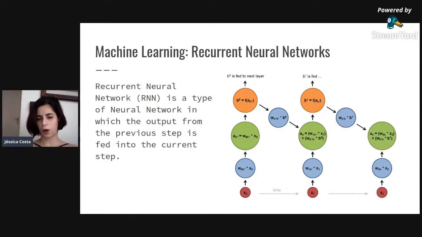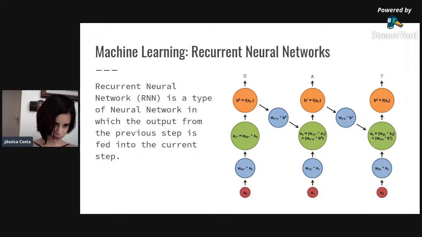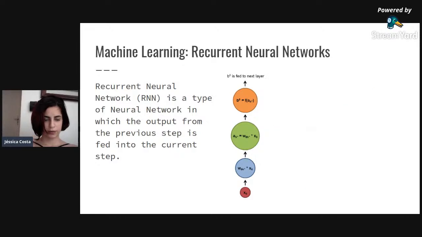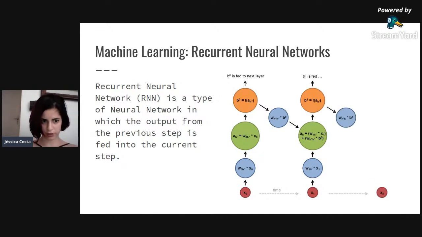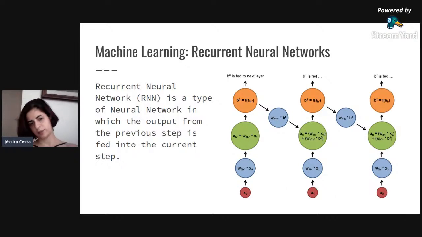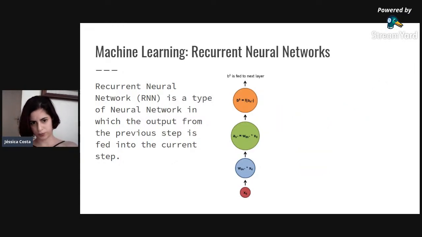I use another type of approach, for example, LSTM. And let's explain again. A recurrent neural network is a type of neural network in which, from the first representation x0, we have a result, the output.